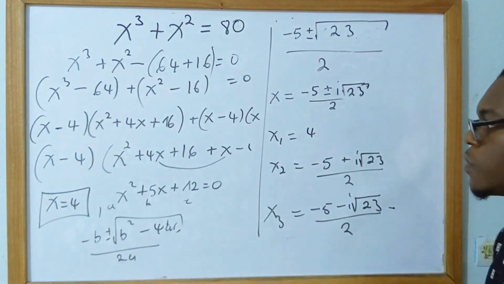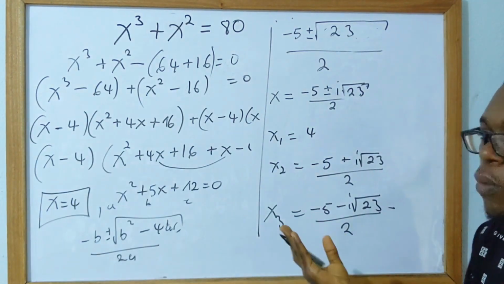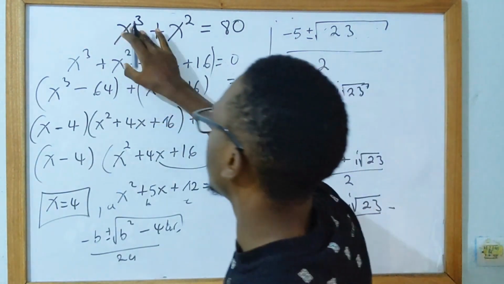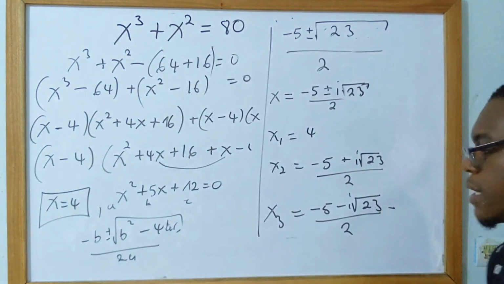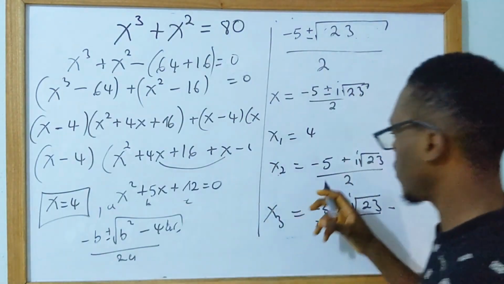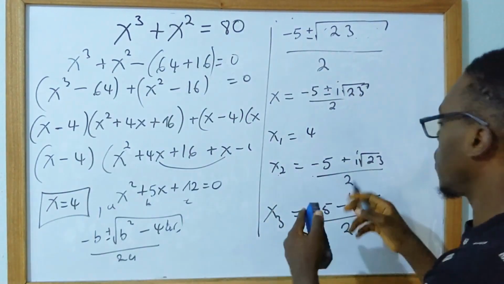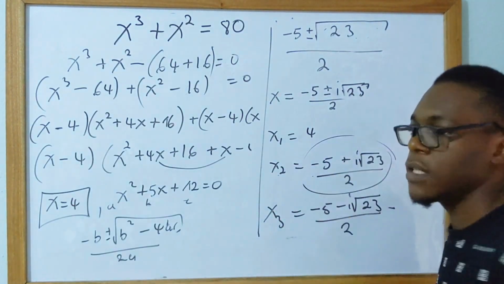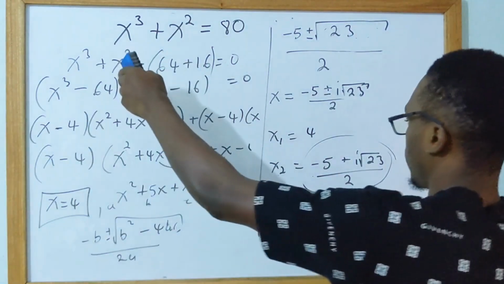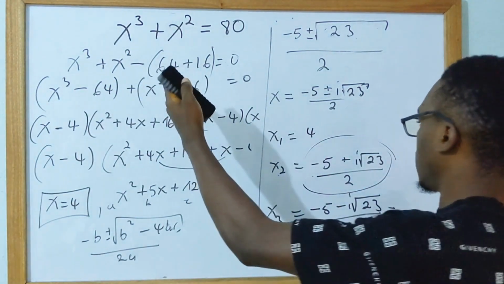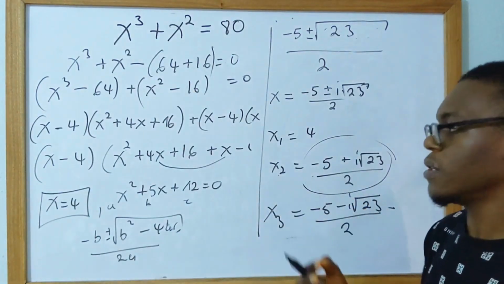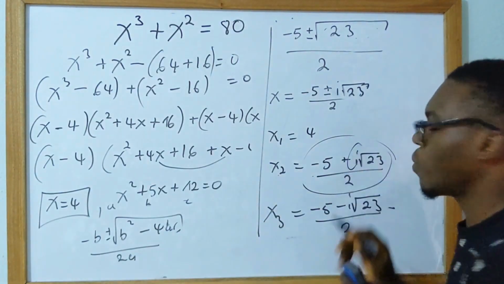Hence we come to the end of this video. We can then try to prove it. If you take 4 cubed, it is equal to 64, 4 squared is equal to 16, and we are going to have 80. For the complex roots, if you punch your calculator, it gives you undefined things, because the calculator doesn't know about complex numbers.